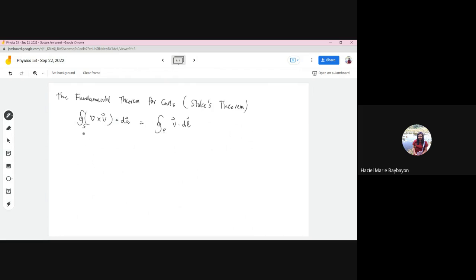So if you have a surface integral of this form, you can actually convert it, or this is just equal to the line integral of the vector dot dl. Okay? So it is a line integral.